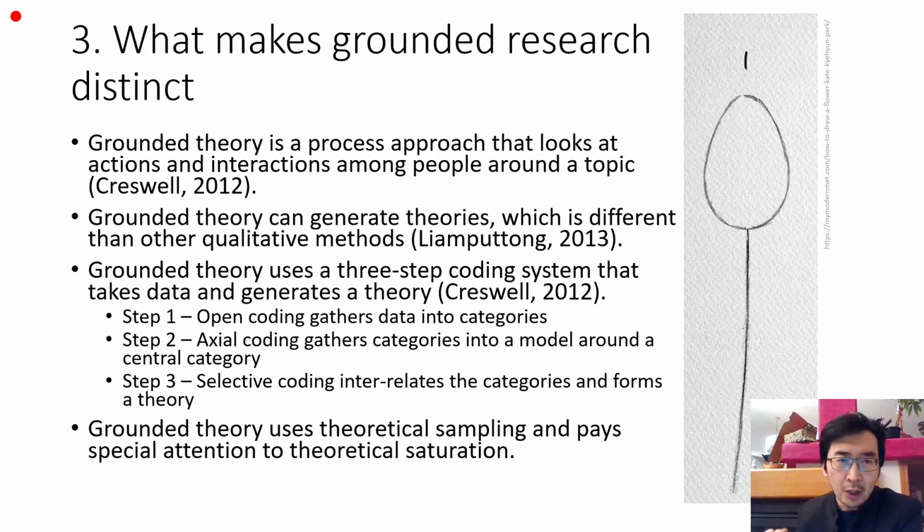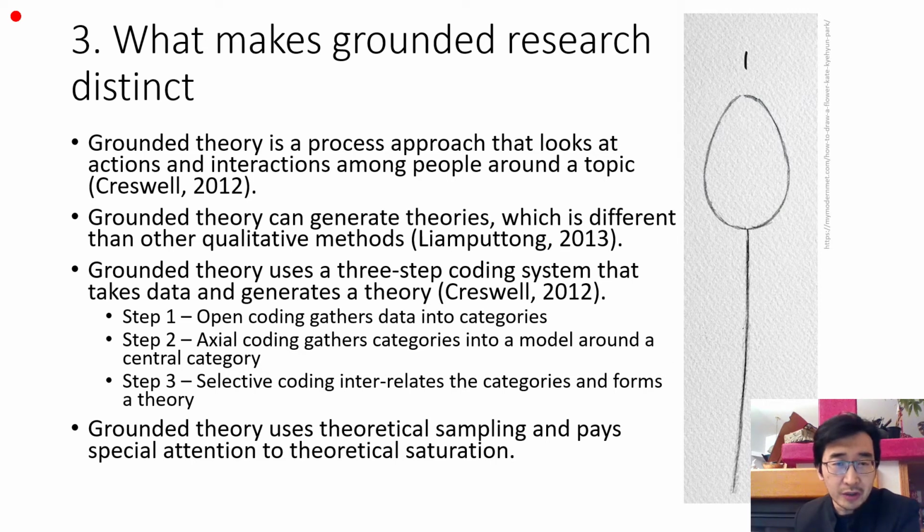Grounded theory also can generate theories, which is different than other qualitative methods, because data or theories are not really discovered per se, but instead Charmaz claims that we are part of the world that we study and the data that we collect as well.